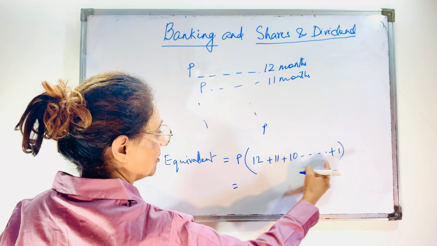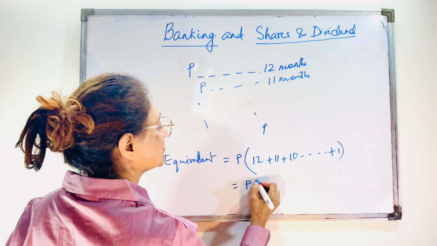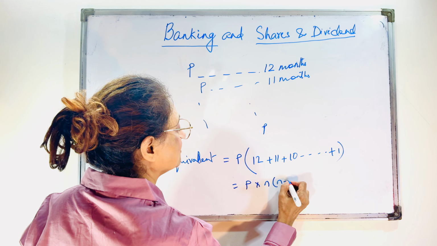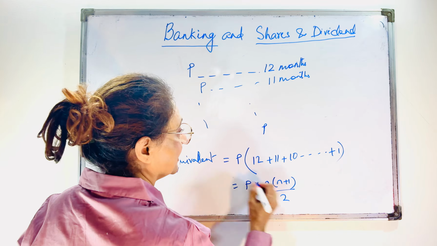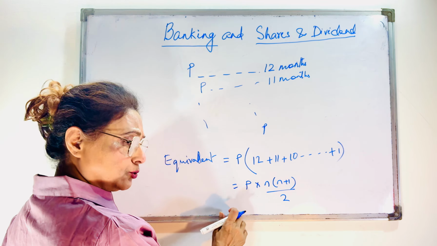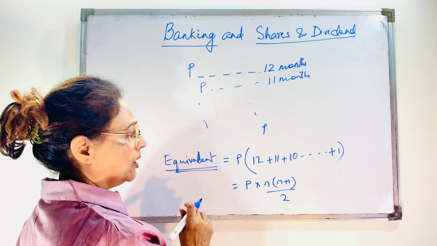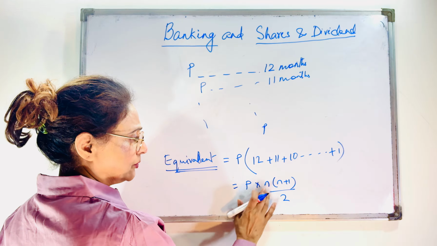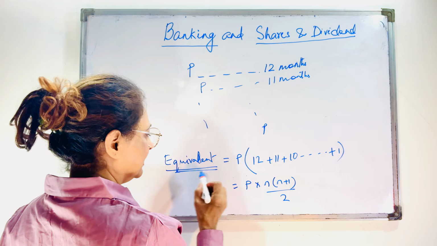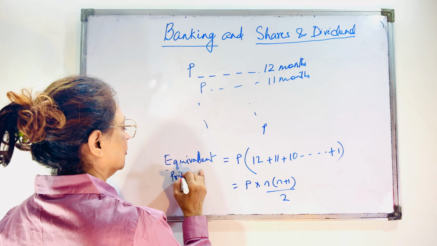Now you know the sum of n terms is n into n plus 1 by 2. This you have done in AP. So the equivalent amount is P into n into n plus 1 by 2.